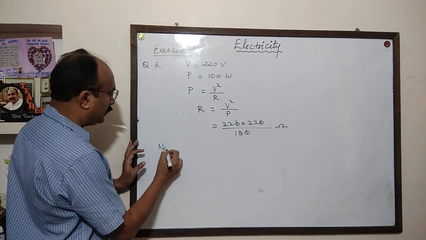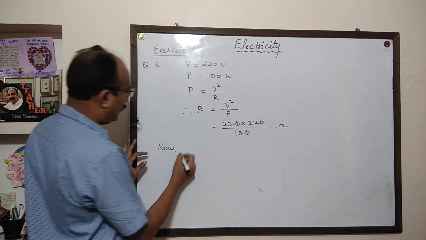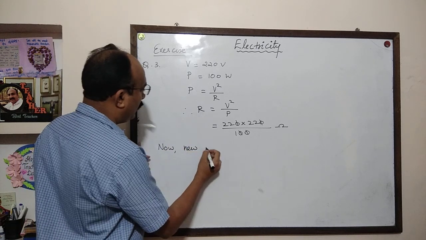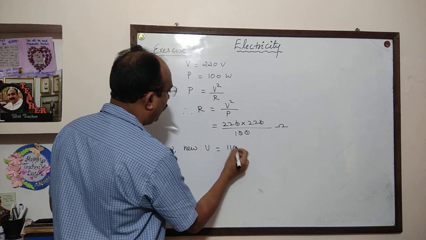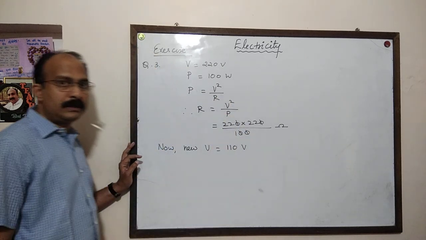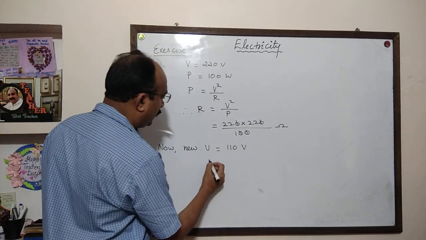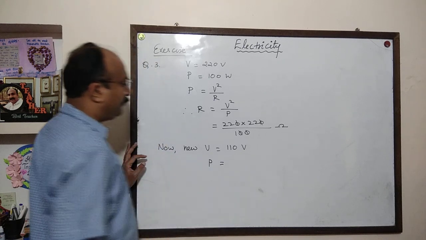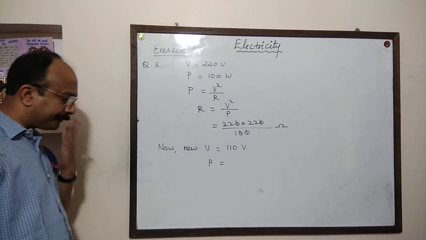Now what is the new P? Now V is equal to 110 volt. The question is P. What is the formula for P?